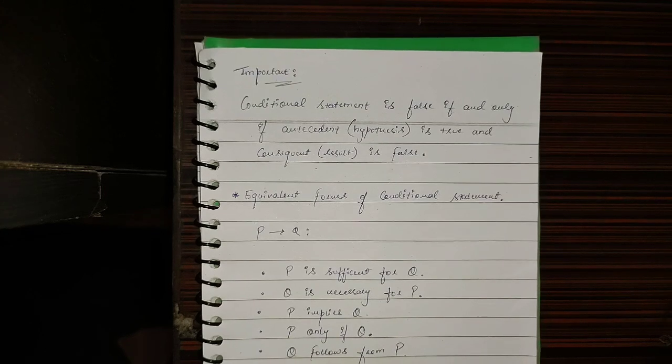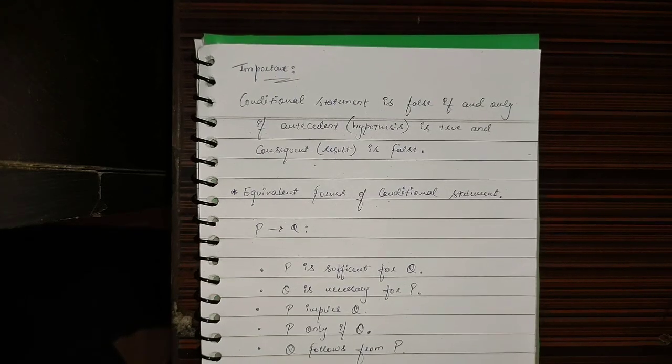In case of conditional statements, we will only say that the conditional statement is false when the result that we expected to happen is true and the result that actually happened is false, meaning the hypothesis that we have generated was something that we were expecting to happen, but in fact the conclusion or the result that we get is false. It did not actually happen. So the conditional statement will be false in that case. In all of the other cases, the conditional statement will be true.